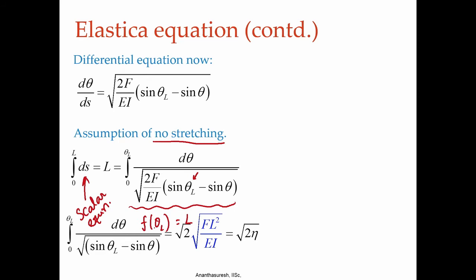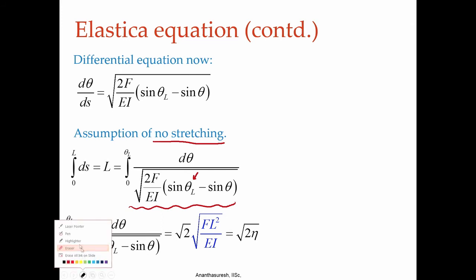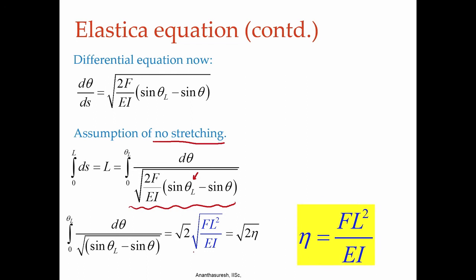How do we solve this? Well, before that I have just put it into a slightly different form. Let me erase a few things that I have written, so you can see the equation better. So, what we have here is the same thing written slightly differently by defining a non-dimensional quantity denoted by eta. It is a non-dimensional quantity which is a very important parameter in this analysis.